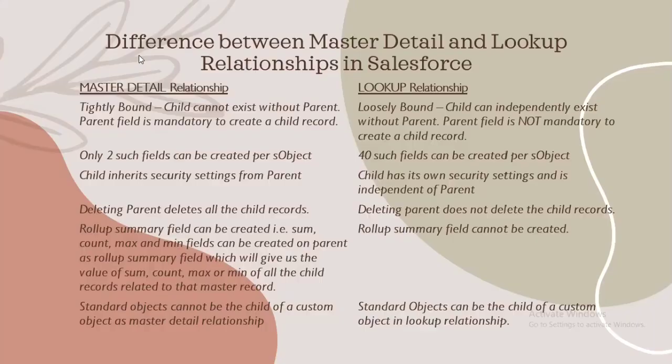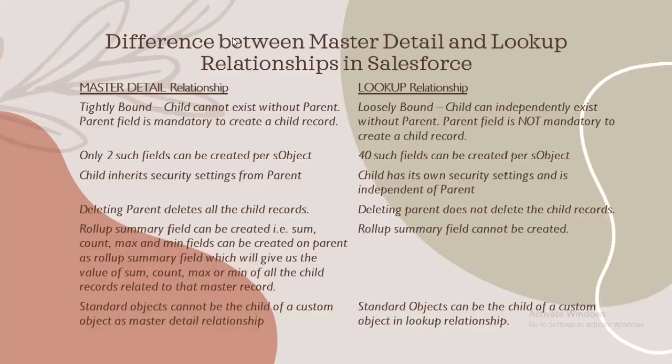In lookup relationship, deleting parent does not delete the child records. In master detail relationship, there is a field known as roll up summary field. What it does is it calculates the sum of entire child records or the count of entire child records or the max out of the child records or the min out of the child records. Roll up summary field cannot be created for a lookup relationship.